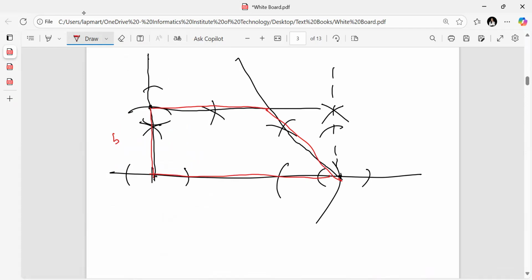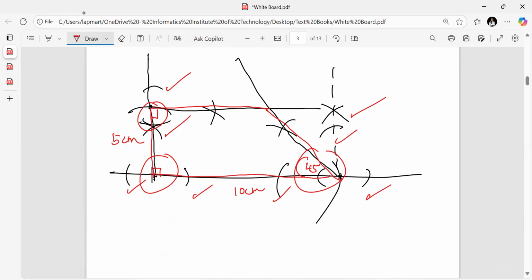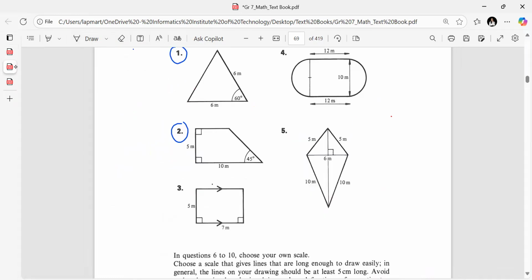So then the 5 centimeter, 10 centimeter, 90 degree, 90 degree, 45. Right? So when teachers are marking your answer, we check all these, the arcs, how you have got it, right? So we check all these things like this. Okay, children, so that is all about the homework questions.